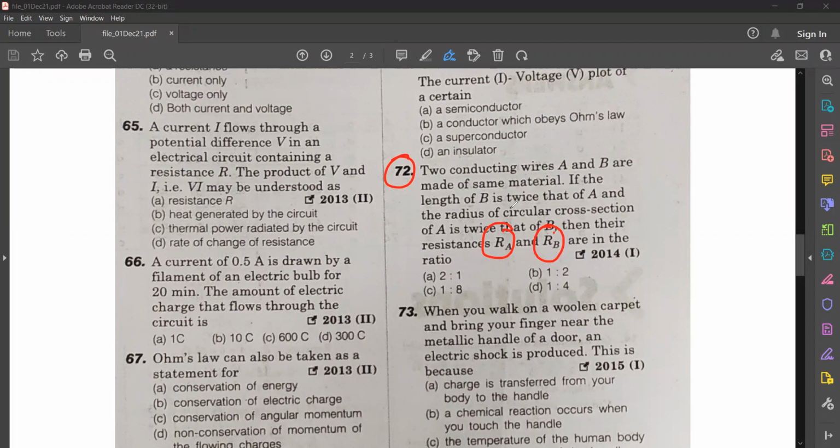The length of B is twice that of A, and the radius of circular cross section of A is twice that of B. Then their resistances RA and RB are in the ratio.